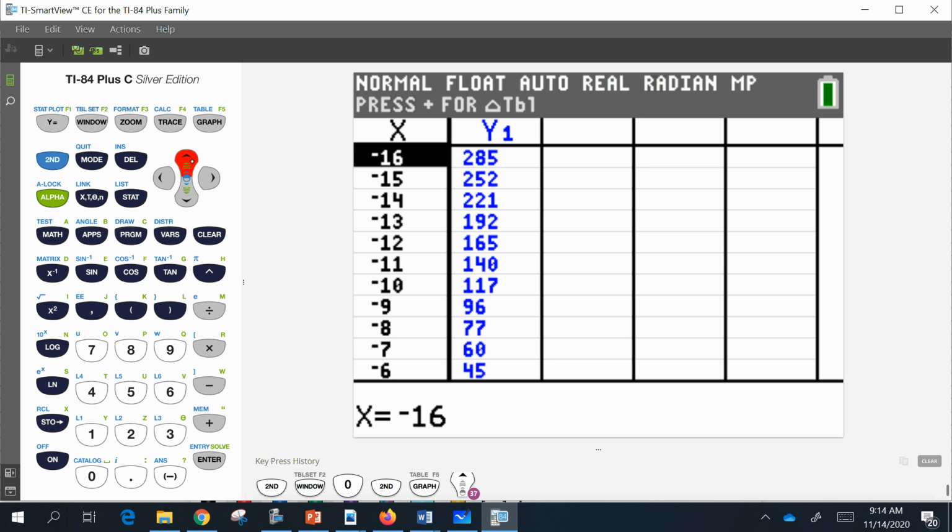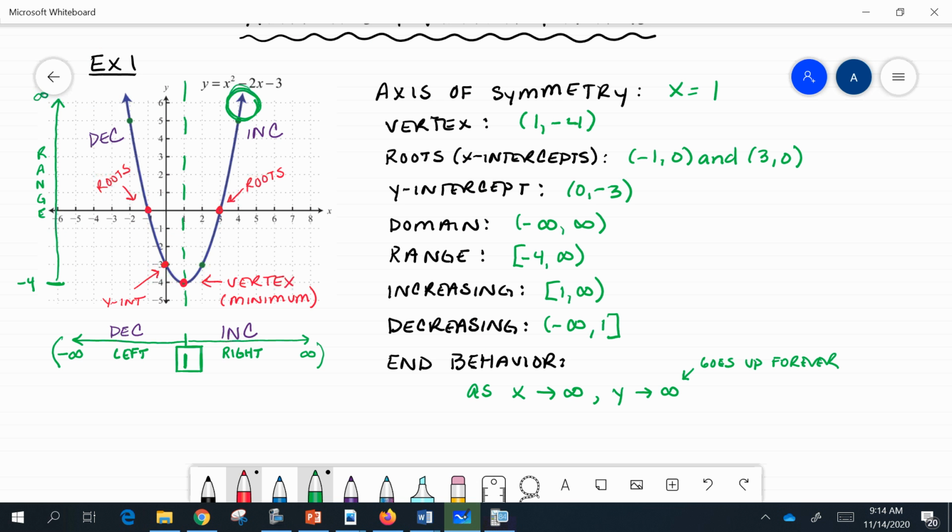Okay, so go ahead and take a look at this, and you can see that as x is getting more and more negative, what the y value is doing. It appears that those y values are getting bigger. And so the way I would express this is I would say as x approaches negative infinity, so we're talking about the left side of the graph, the y values also continue to go to infinity because, again, on the left side of the graph, a parabola goes up forever.